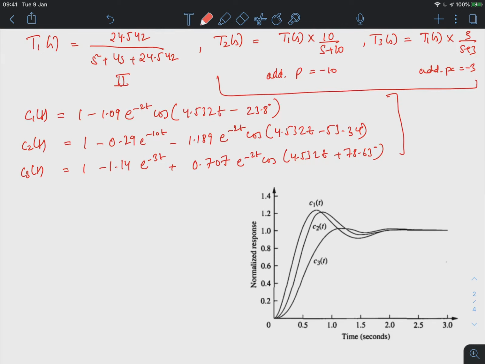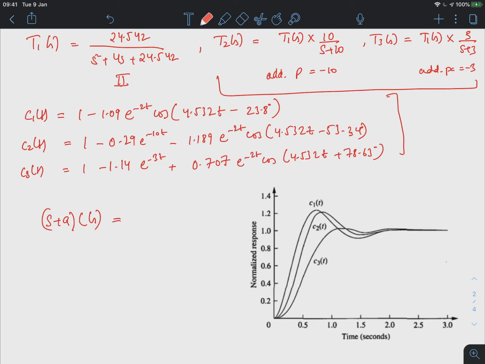Possibly yes. Say for example, let's say we have s plus a, times C of s, where C is the output transform, and I have added some 0 located at minus a.